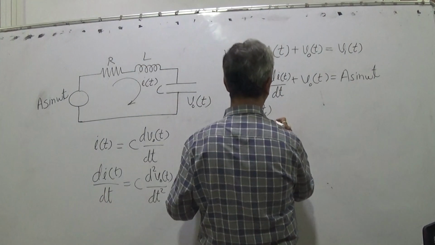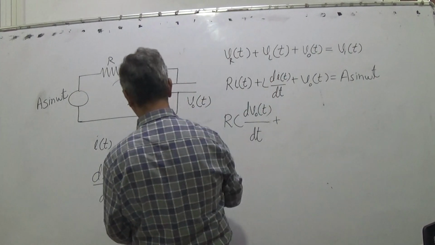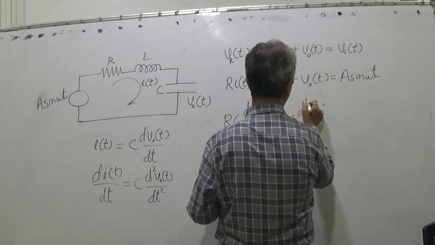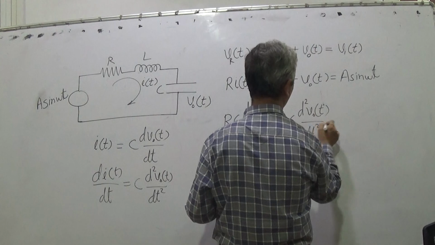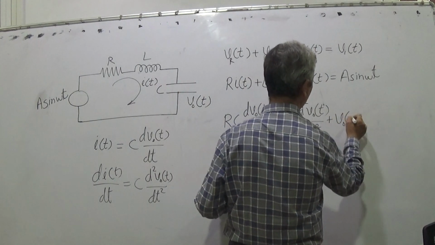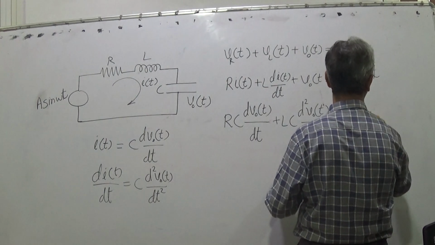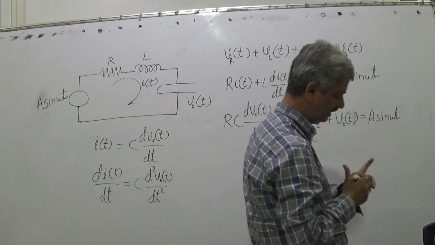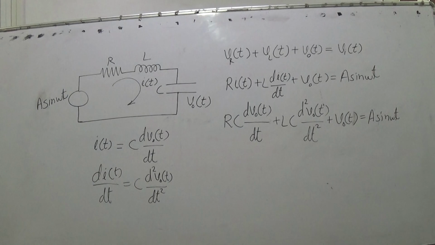So RC dVo by dt plus LC d2Vo upon dt square plus Vo(t) is equal to A sin omega t, and here it becomes a second order differential equation.